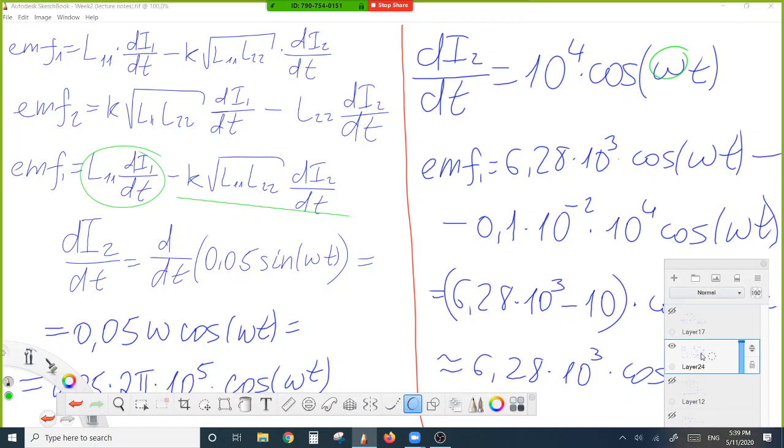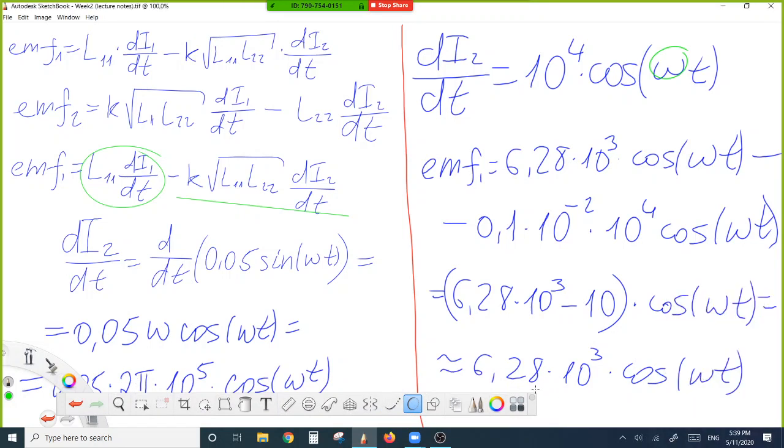The voltage in our primary circuit literally doesn't change. Why? Because of the linking coefficient or coupling coefficient k. Because the coupling coefficient is very low, the current in the secondary circuit almost doesn't affect the electric motive force in the primary circuit.